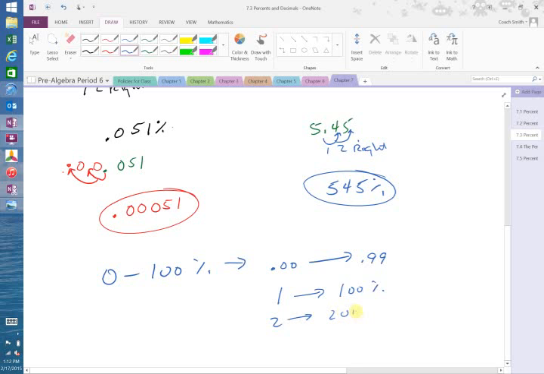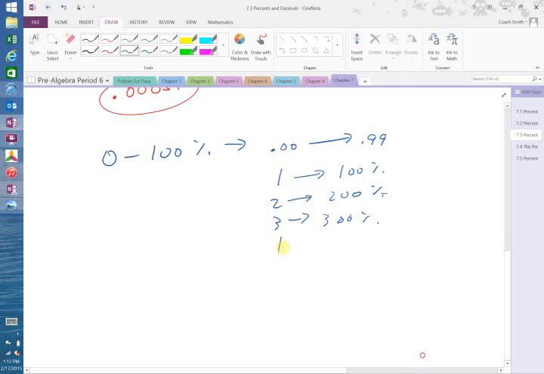Number 2 is 200%. Number 3, 300%. Number 4 is 400%. So as you get into the whole numbers, then you're dealing with percents over 100%.